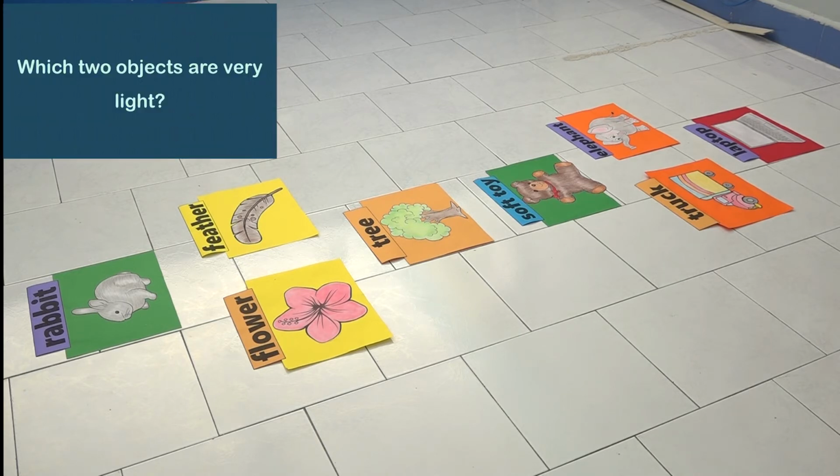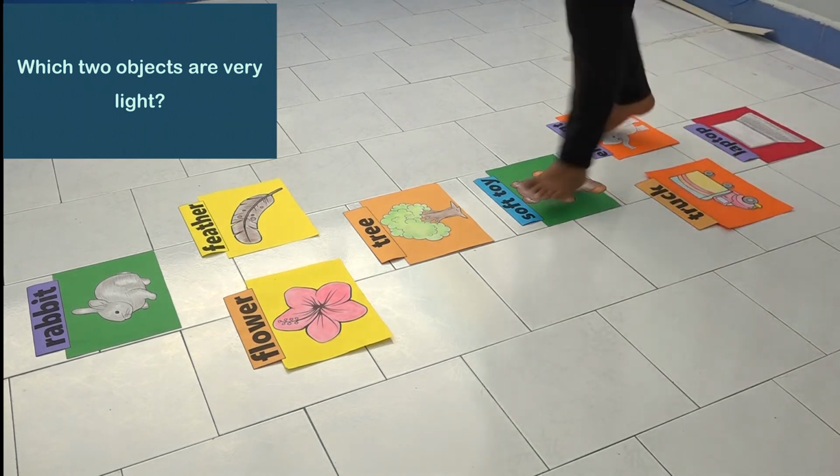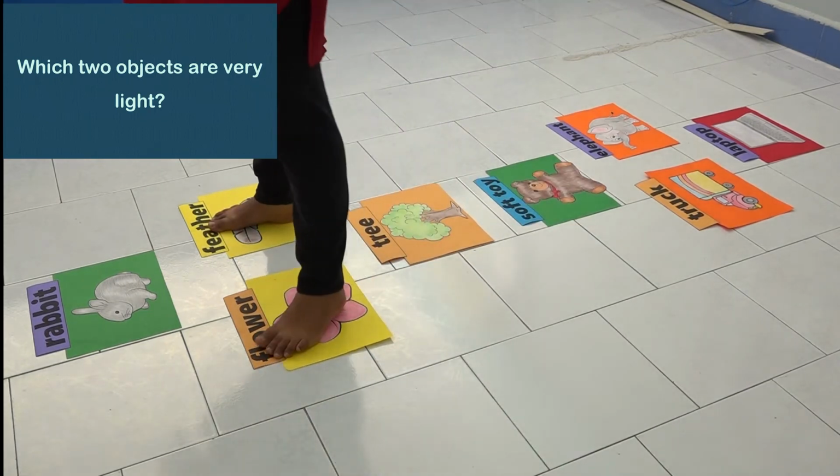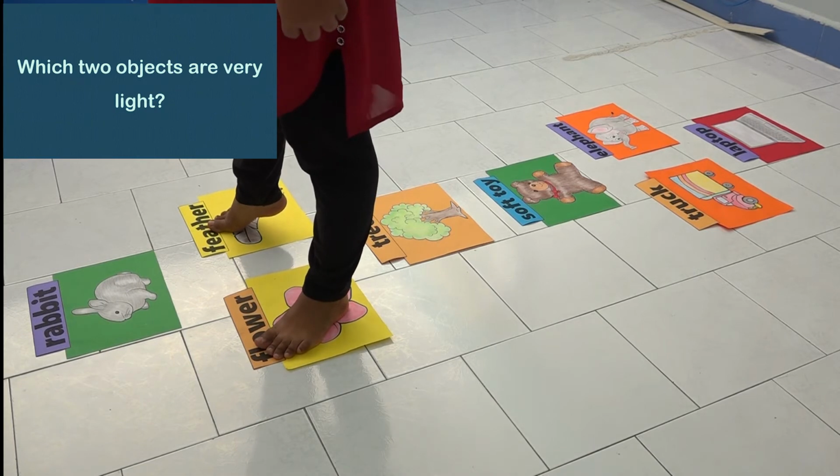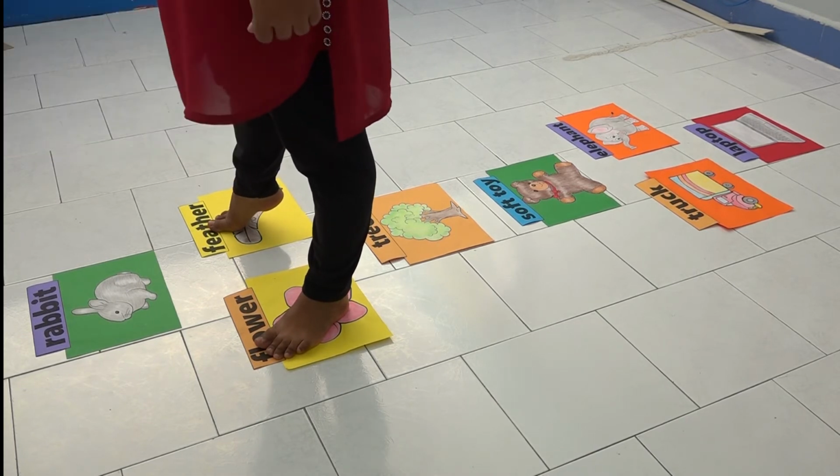So, the next question is, from all these, which two objects are very light? Yes, students, your answers are correct. The flower and the feather are the lightest.